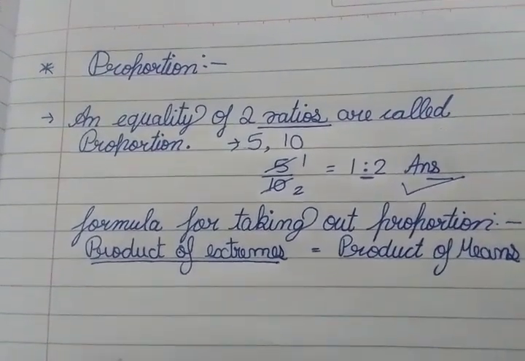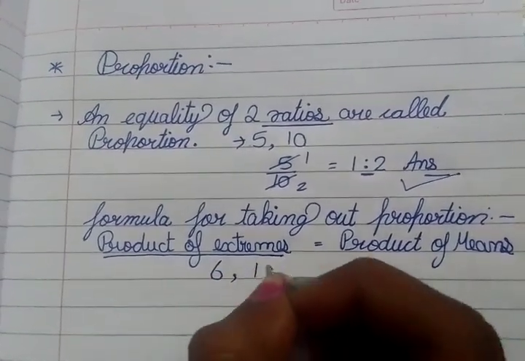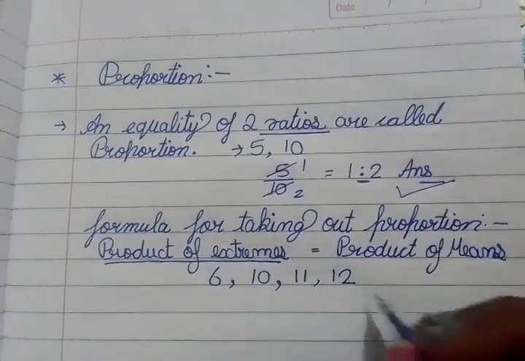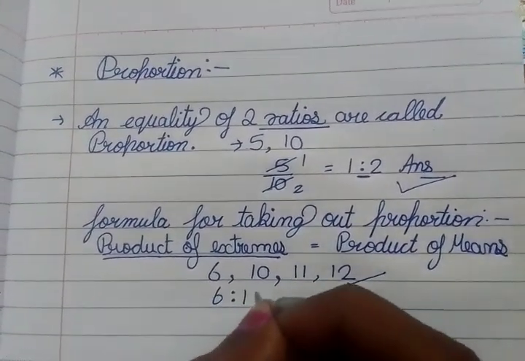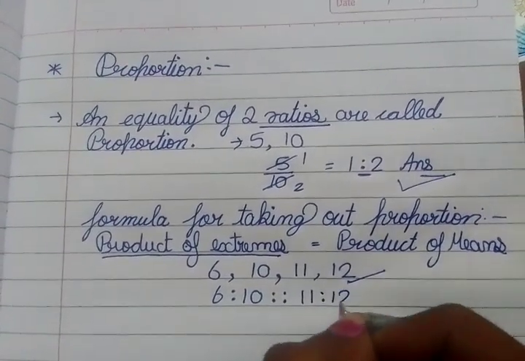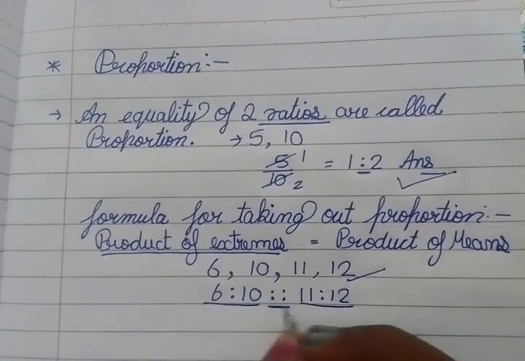So let's take an example here. We will take 6, 10, 11 and 12. We will write in proportion like this: 6:10 :: 11:12. So this is ratio and this is proportion sign.